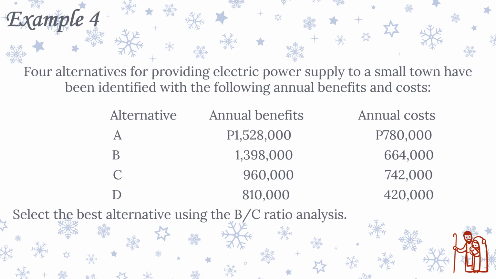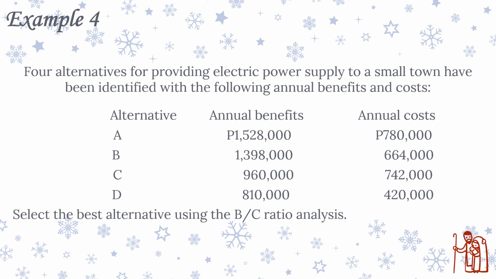So 4 alternatives for providing electric power supply to a small town have been identified with the following annual benefits and cost. Okay, so there are four alternatives with different details. So again, the problem has no disbenefit, only the benefit is stated. So it is easy. Select the best alternative using the benefit-cost ratio analysis.